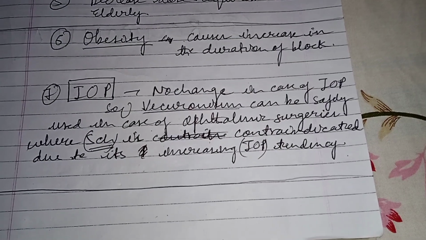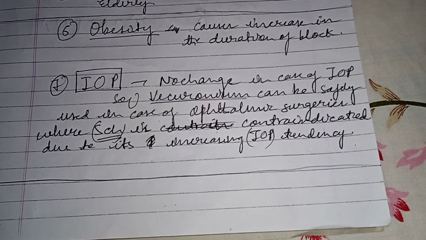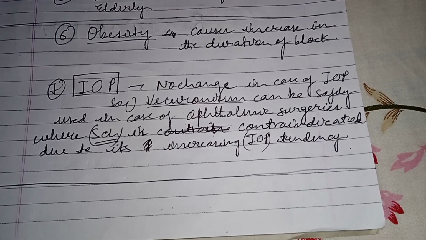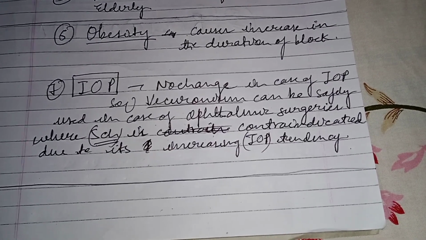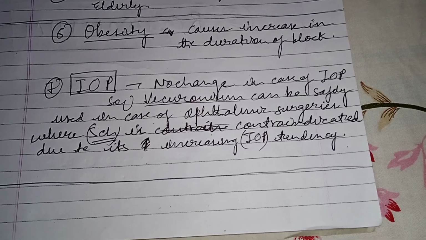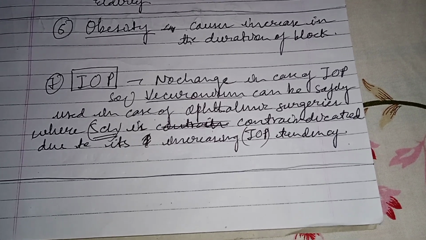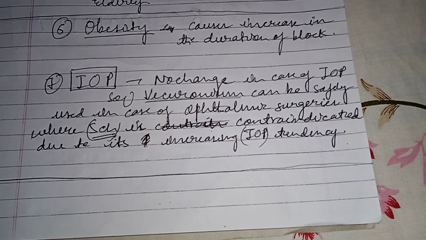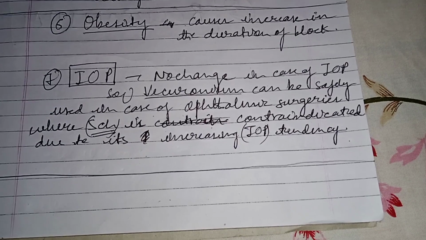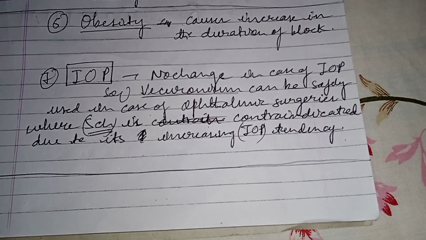So what happens in case of intraocular pressure? No change in IOP, that is intraocular pressure. So VECURONIUM can be safely used in ophthalmic surgeries where succinylcholine is contraindicated due to its increasing IOP tendency. Please listen carefully: there is no change in IOP, and due to this reason VECURONIUM can be safely used in ophthalmic surgeries where succinylcholine is contraindicated.